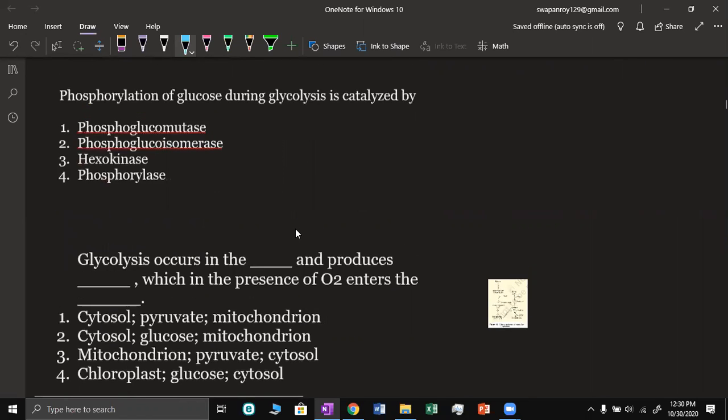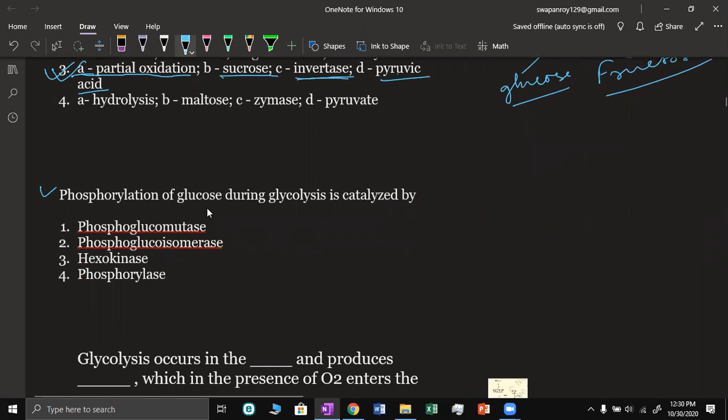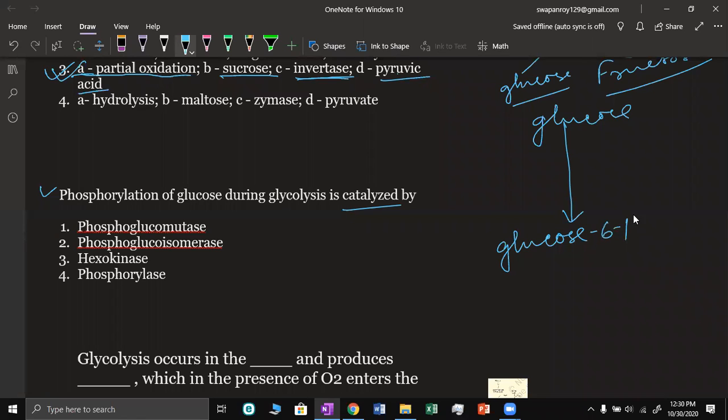Next, phosphorylation of glucose during glycolysis is catalyzed by. Phosphorylation of glucose means glucose changes into glucose 6 phosphate, or you can say glucose monophosphate.